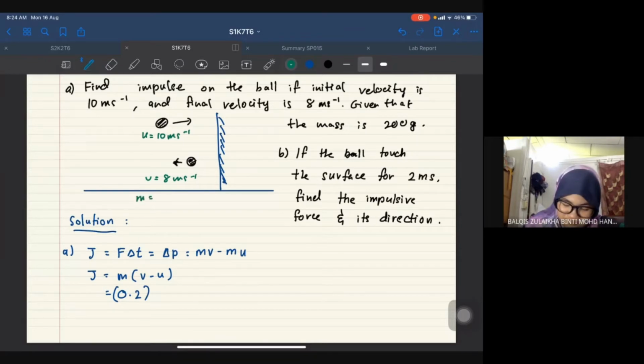So m is equals to 0.2 kilogram lah. Everything is in SI unit. Okay, because if you want to write the final answer in Newton, it would be SI unit. Okay, v kita 8. u kita 10. Okay, betul ke salah?